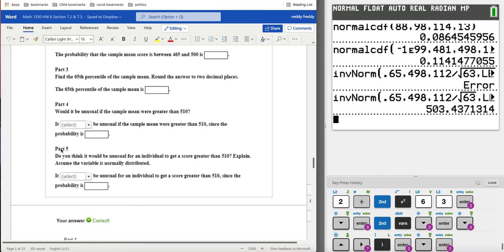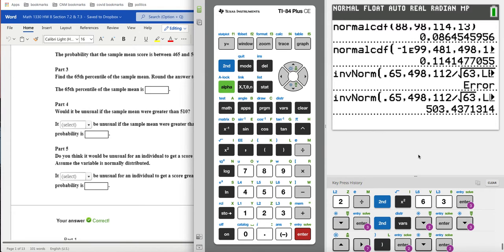And this always shows up in part 5 whenever there's a 5-part problem. So it's easy to realize, to look for it.